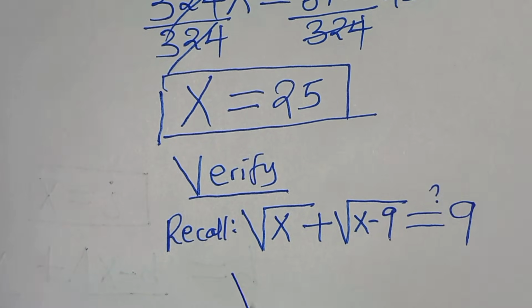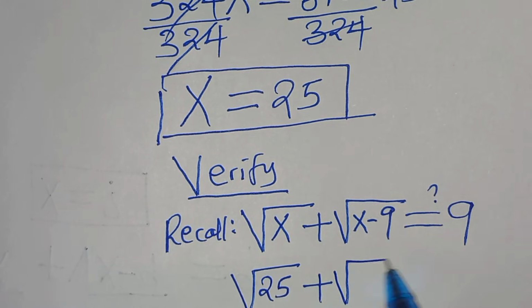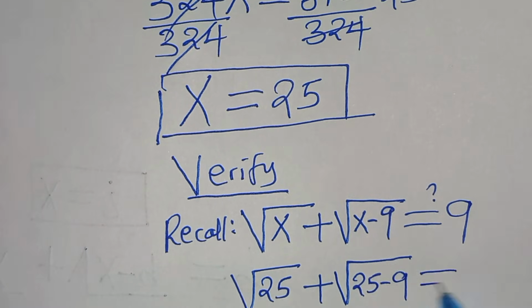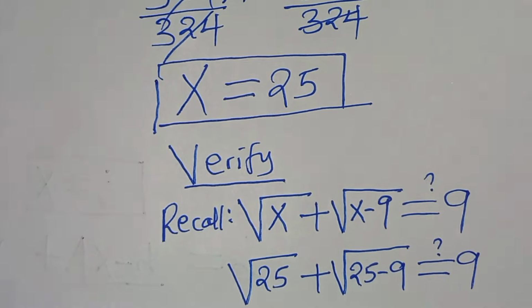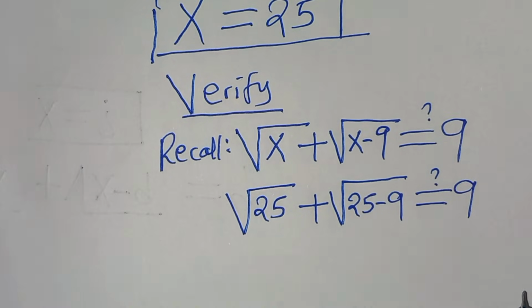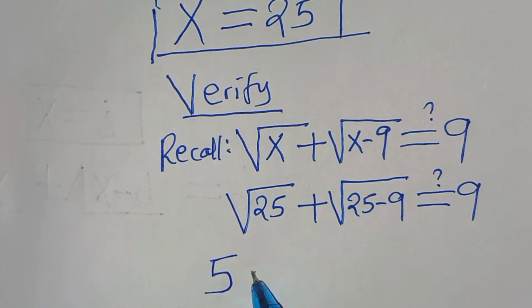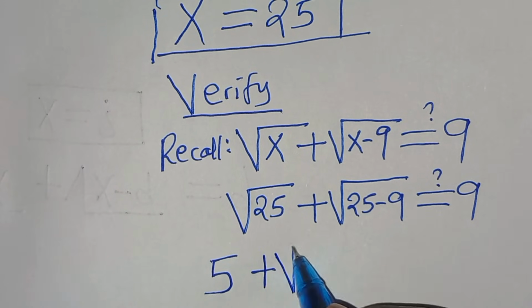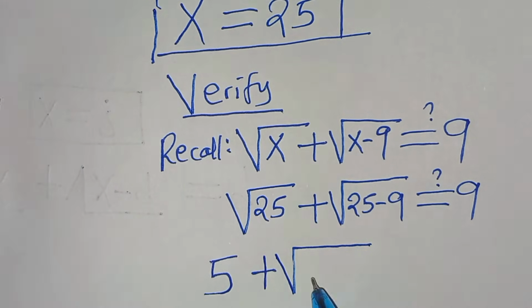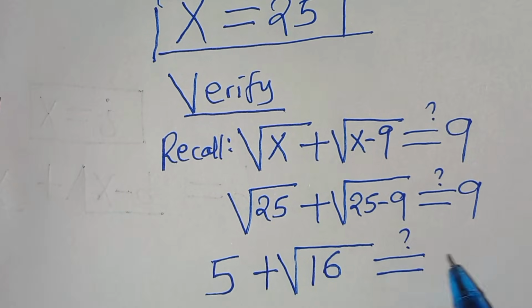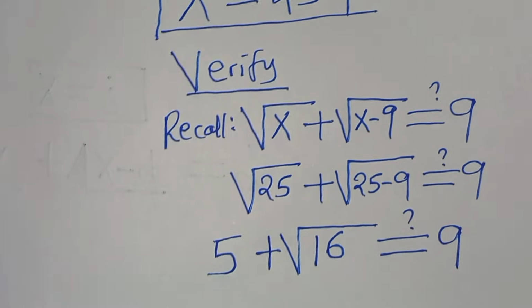So this is the square root of 25 plus the square root of 25 minus 9, which should give us 9. The square root of 25 is 5, then plus the square root of 25 minus 9, which is 16, is supposed to give us 9.